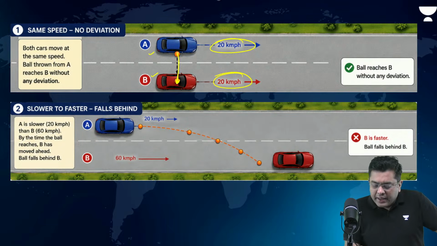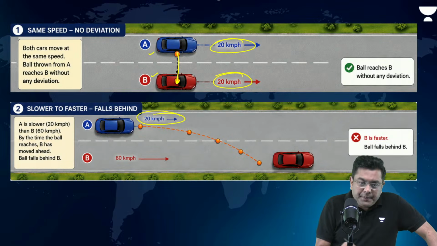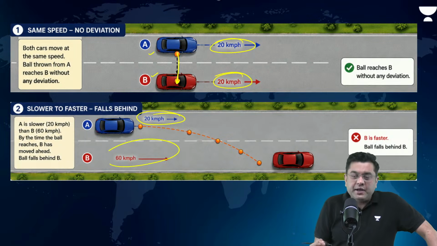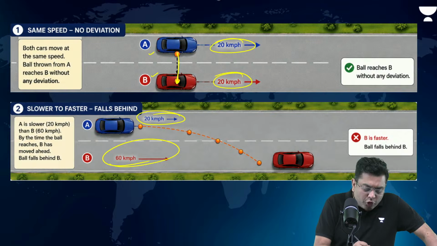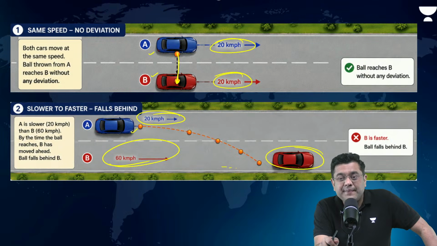However, if car A is at 20 kilometer per hour, car B is moving at 60 kilometer per hour. You throw the ball from car A. By the time it reaches the area of car B, the car would have moved ahead because it is moving faster.